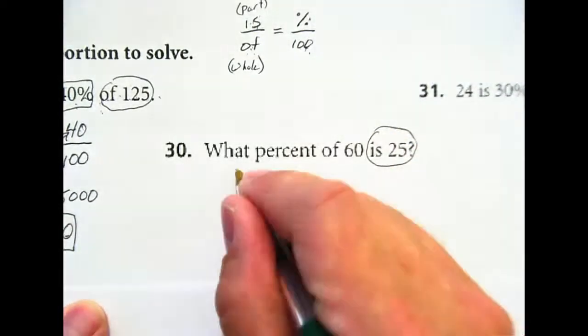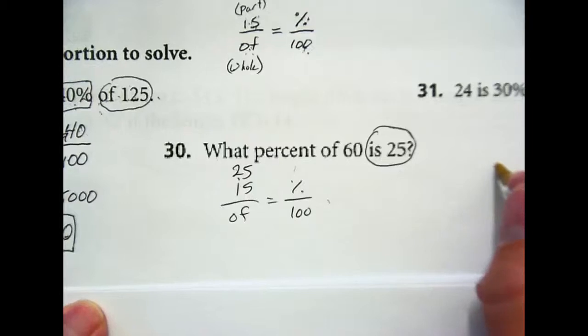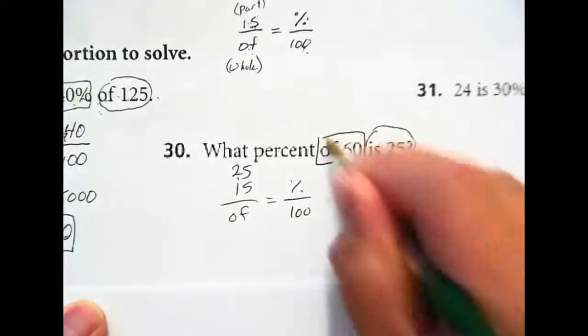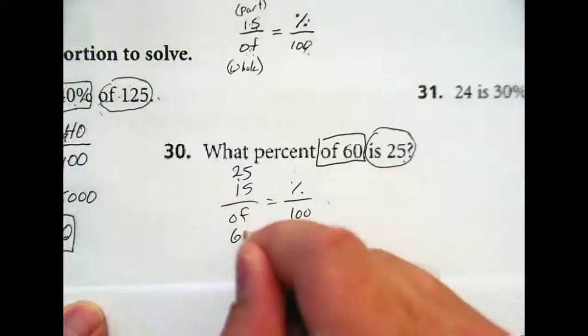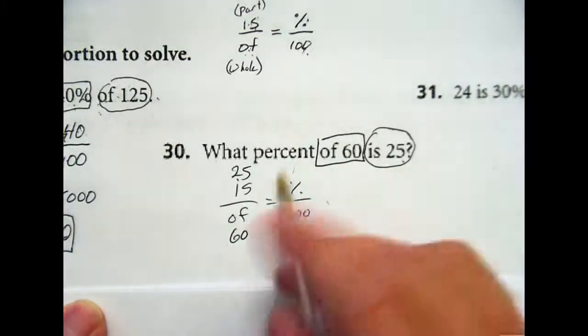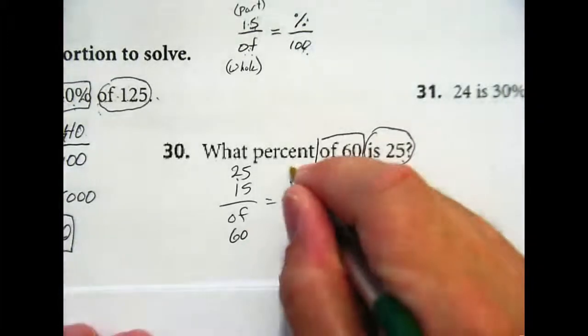So your is becomes 25. What's your of? 60. Yeah. What percent of 60 is 25? There's our 60. What's our percent? Yeah, that's our x.